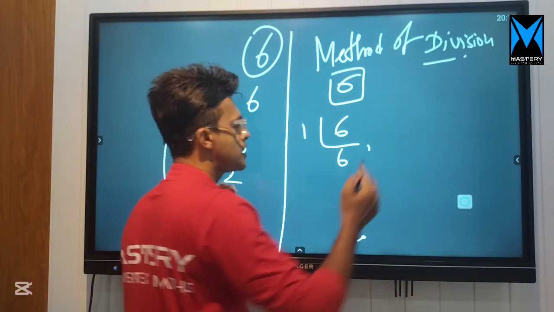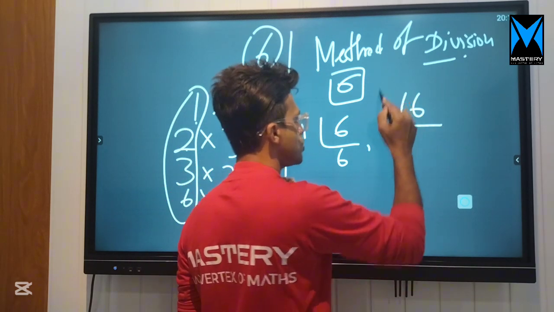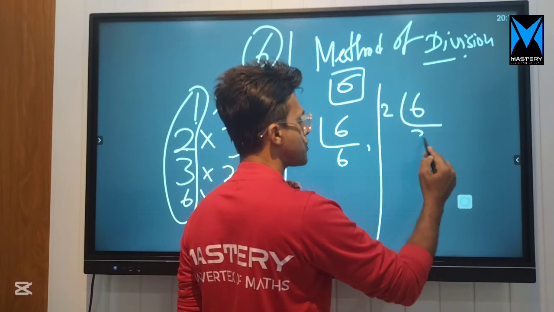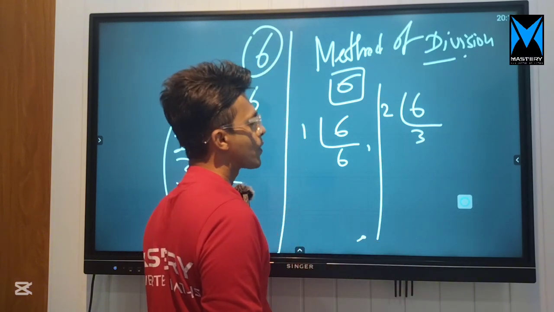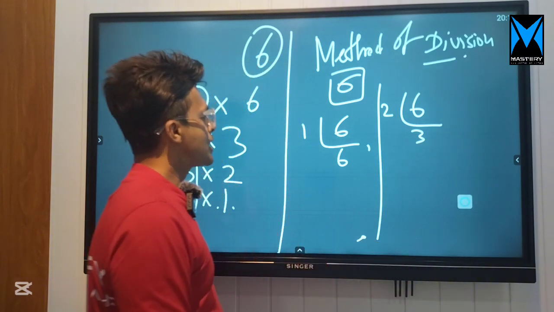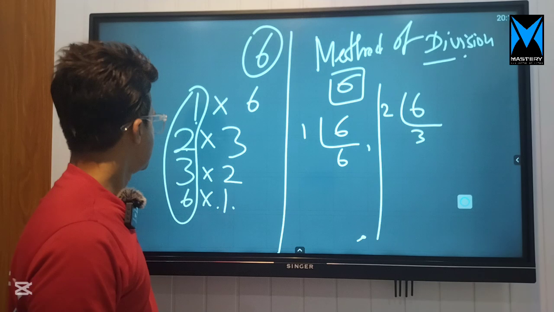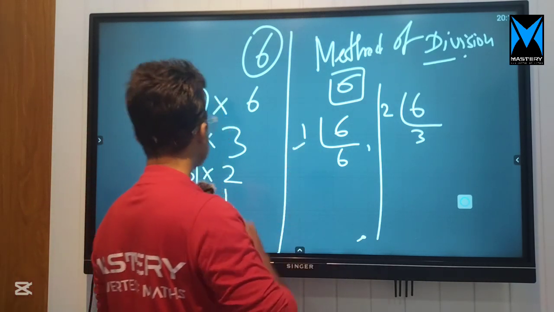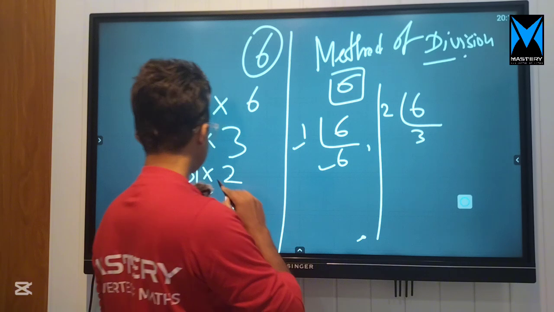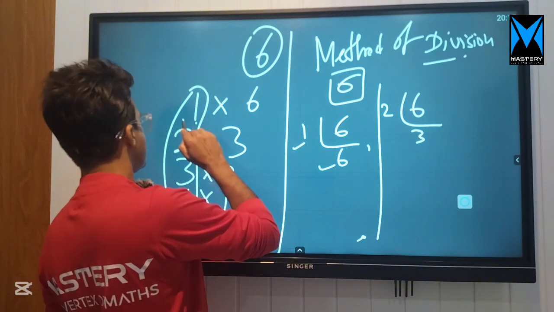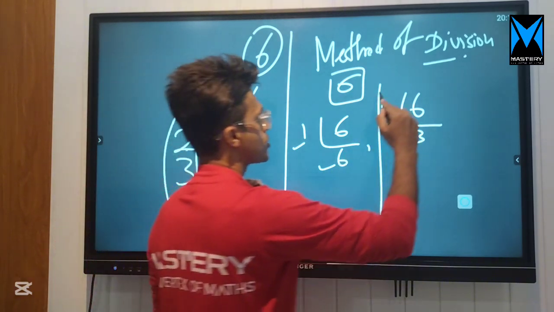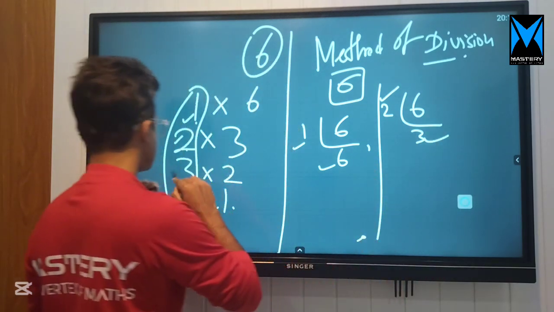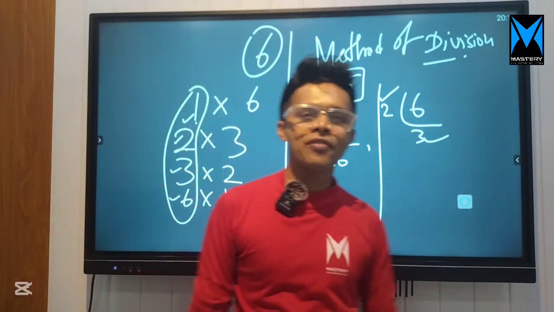Again, you divide 6 by 2, 6 upon 2 is 3. Right? So now you could get the factors of 6. You could see 1 here, 6 here; after that 2, and here 3. So this is another way of getting the factors.